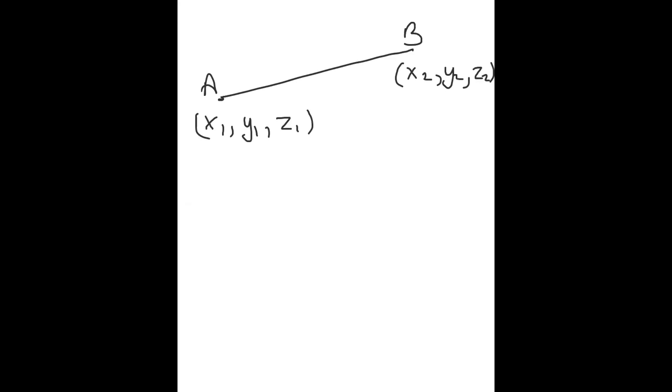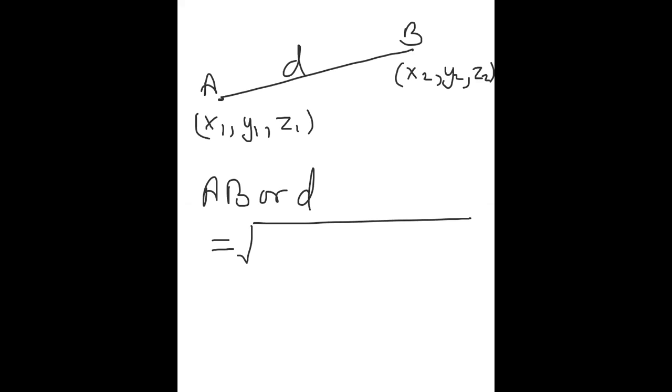This is AB. We are calculating the distance between AB, so AB or D. From class 10th, we remember the distance between two points was the square root of (x2 minus x1) whole square plus (y2 minus y1) whole square plus (z2 minus z1) whole square.